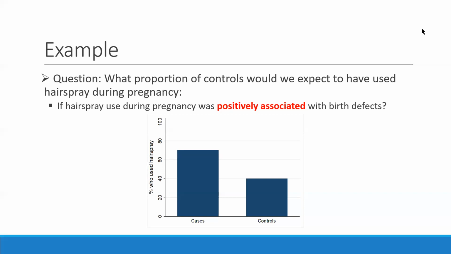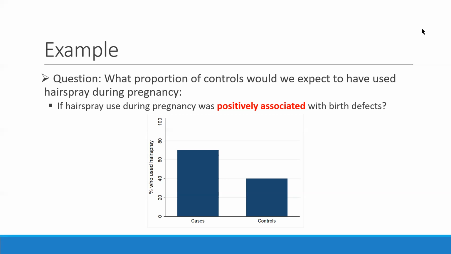If I do the calculations, you get here 1.5. Okay, so I didn't do the calculation. So this would mean that women who have babies with congenital malformations are 1.5 times more likely to have used hairspray during pregnancy compared with. How did you do the calculation?